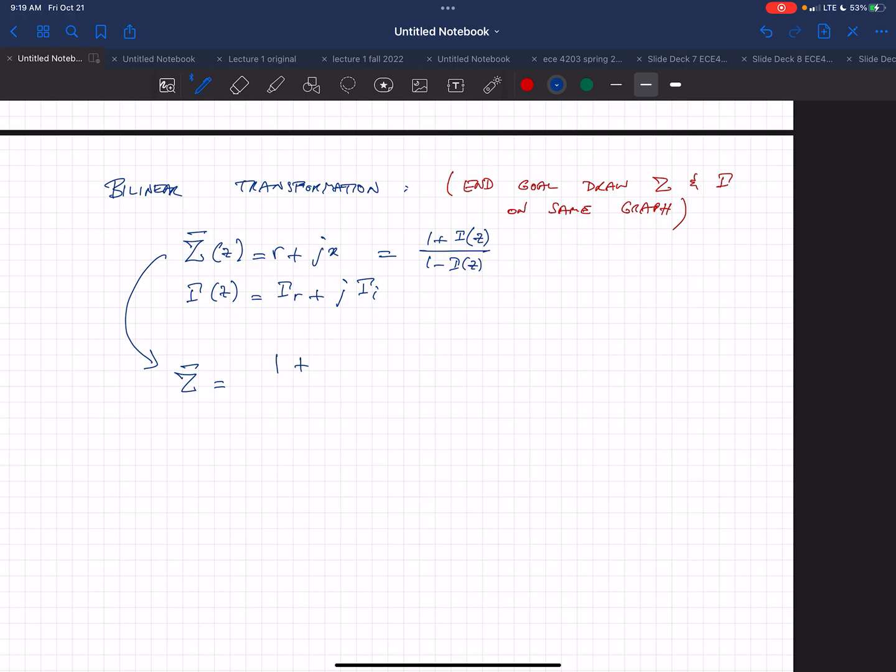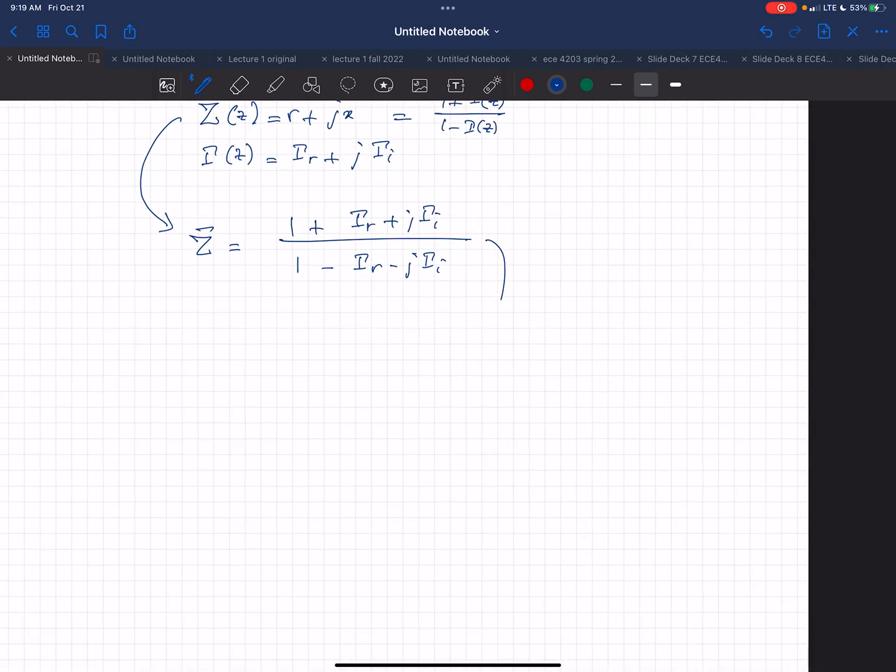So it's 1 plus gamma sub R plus j gamma sub I over 1 minus gamma sub R minus j gamma sub I.